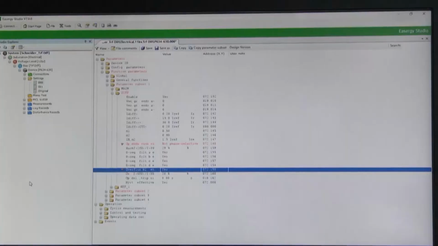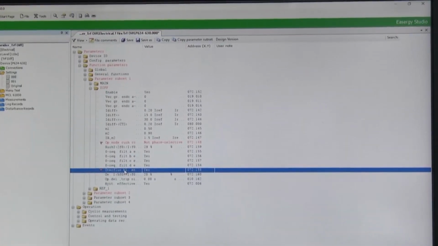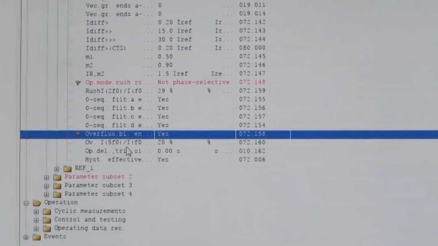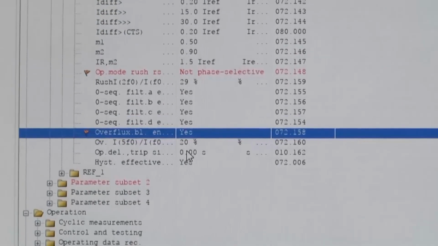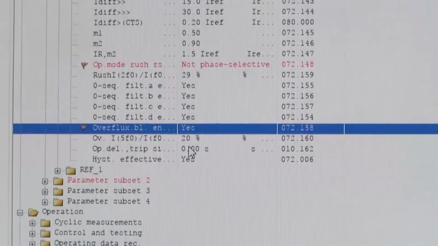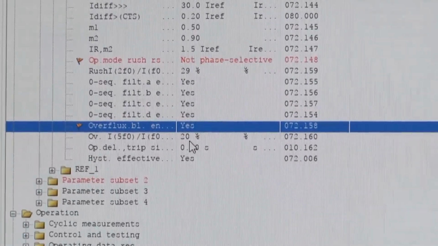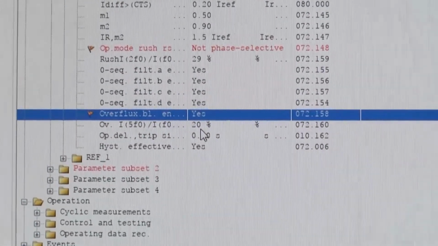Now we will test the other case, where the overfluxing operation is active. It is in yes mode in the relay setting, and the fifth harmonic with respect to the fundamental is already set at 20%. We expect that the relay should not operate for an overvoltage situation.